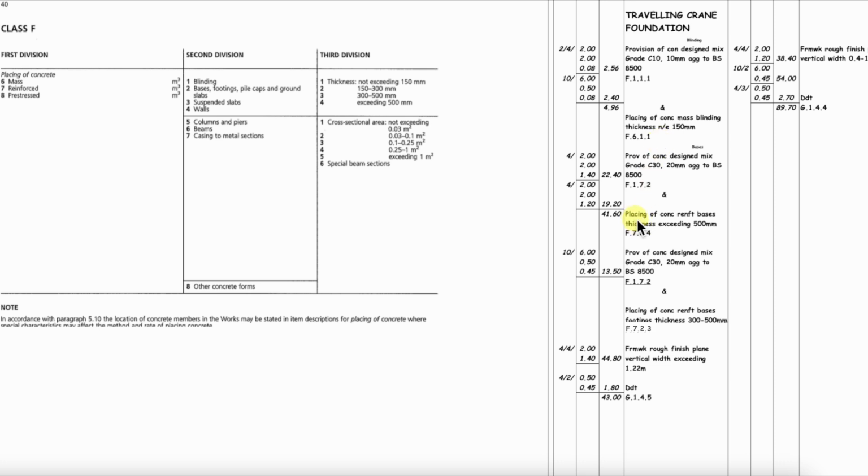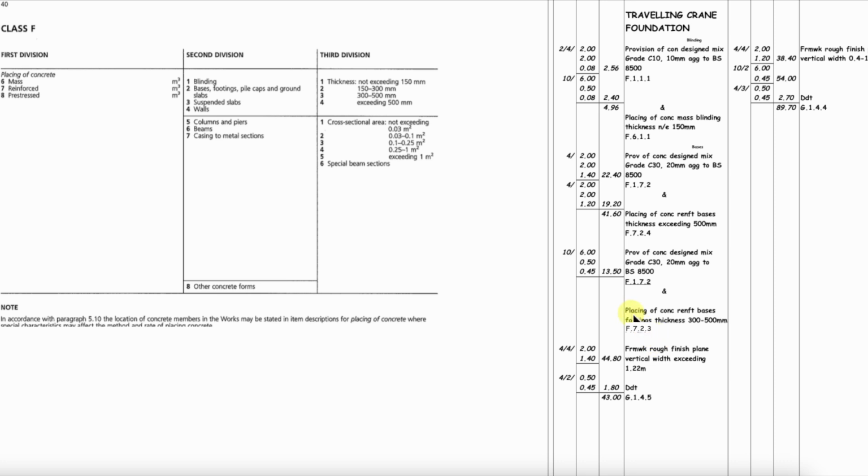Our next one is for the bases, placing of concrete, reinforced bases, thickness exceeding 500 millimeters. The depths are 140 and 120, so they are exceeding 500 millimeters, and the code is F724. So let's check that one out. F7, reinforced bases, footings, pile caps, and exceeding 500 millimeters.